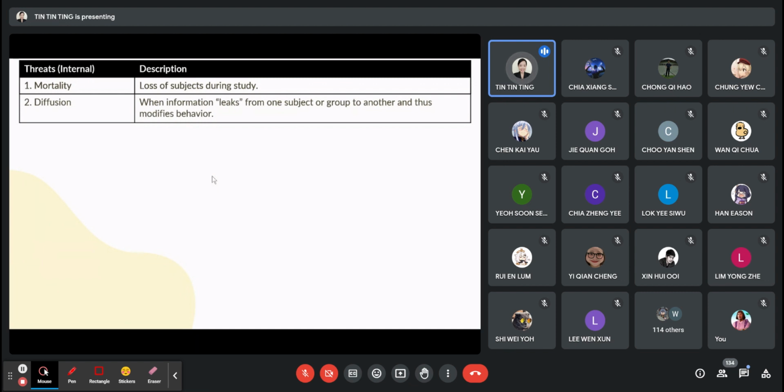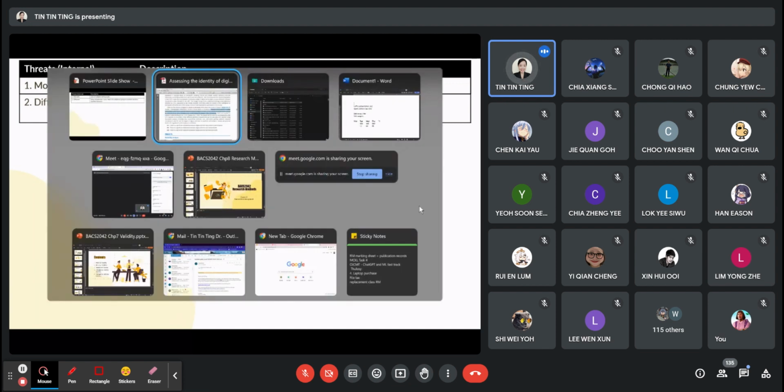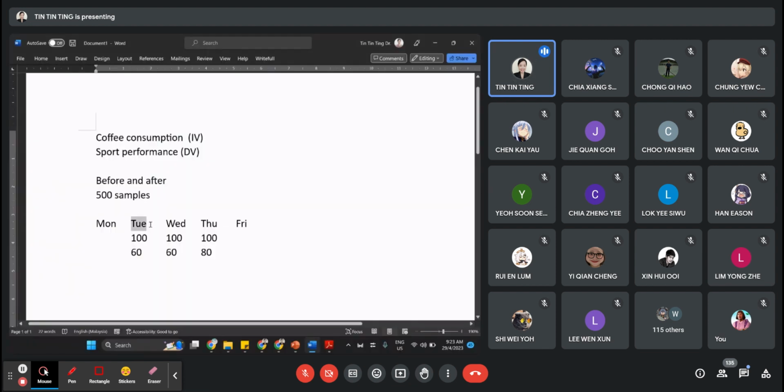Diffusion, when information leaks from one subject or one group of subjects to another person or another group, and thus modifies their behavior. Subjects means the people involved in your experiment or research. For example, on Tuesday we have 160 students come. These are our subjects.